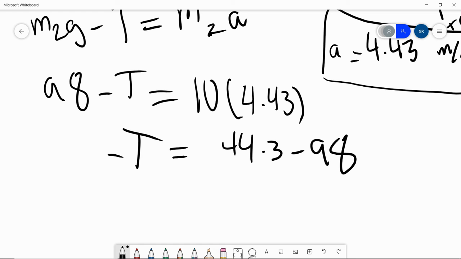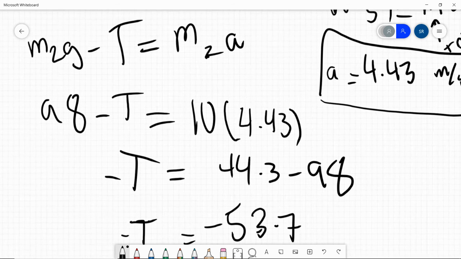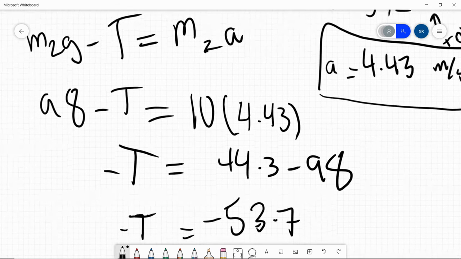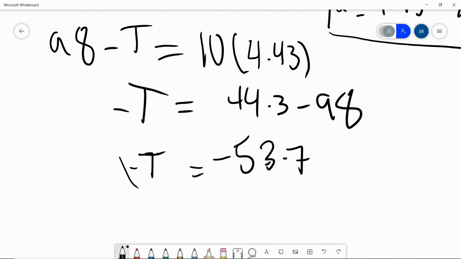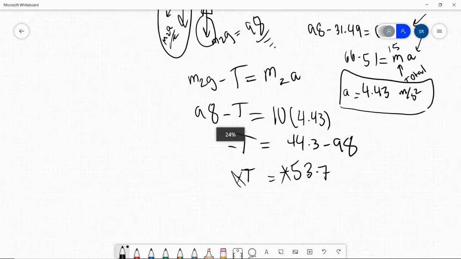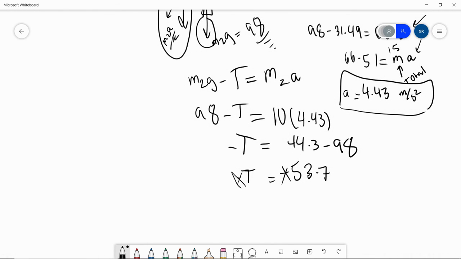That yields an answer of negative 53.7. Tension here is negative. And from this point on, all you'd have to do is get rid of the negative signs, yielding that 53.7.